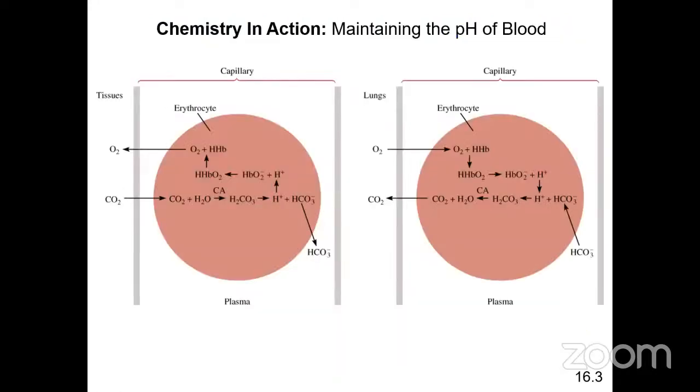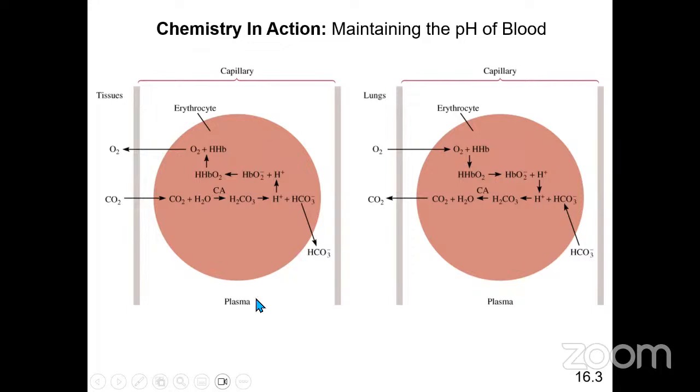Okay, so this is an example of the importance of buffer solutions in biological systems. What is being represented here, and I'm quite sure in your biology courses you've probably met this before, this red sphere here represents a red blood cell, also known as an erythrocyte. And here it is represented as flowing through a blood capillary.